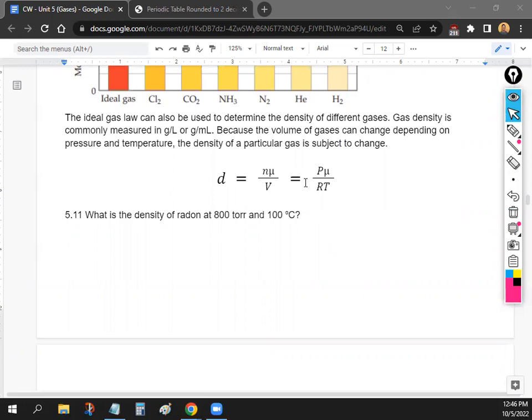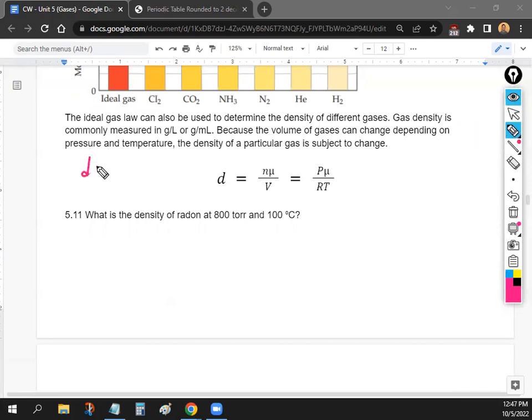Alrighty. Next law, or not next law, but next equation we're going to talk about is about gas density. Okay, so for gas density, this is the equation right here. Pretty simple. It's the same thing as the regular density formula, mass divided by volume. But instead we are going to be reorganizing the ideal gas law in order to find density.